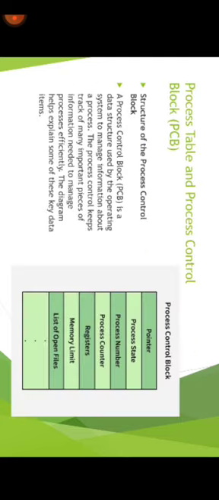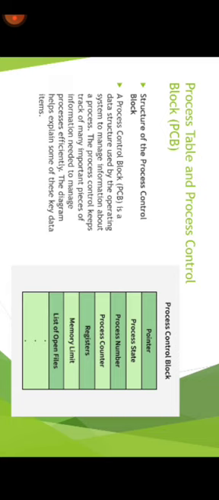The next is the structure of the process control block. A process control block is a data structure used by the operating system to manage information about the process. A process control block keeps track of many important pieces of information needed to manage processes efficiently.